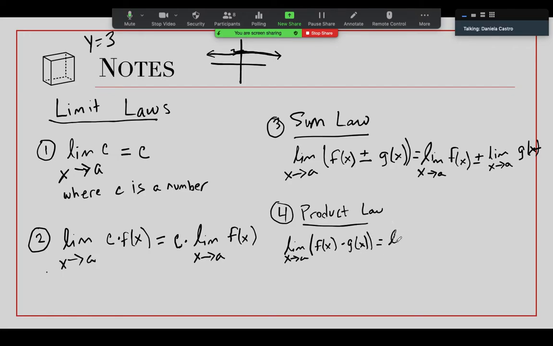So I would get the limit as x approaches a of f of x times the limit as x approaches a for g of x. Okay?